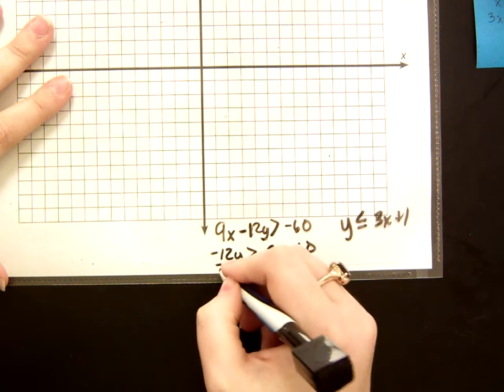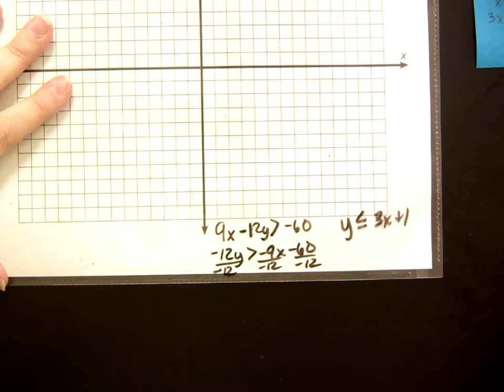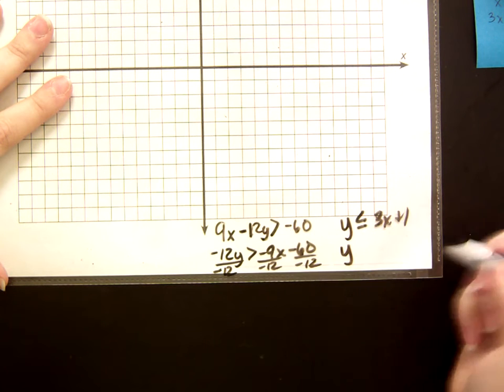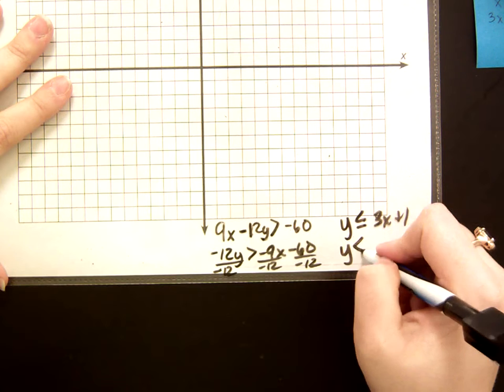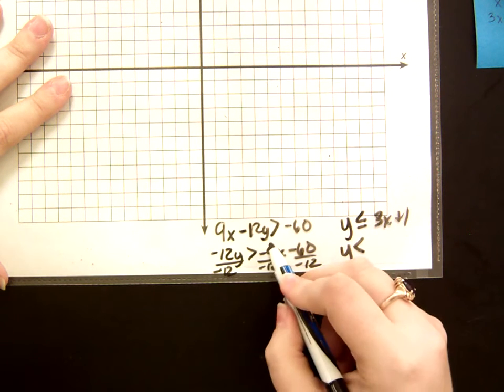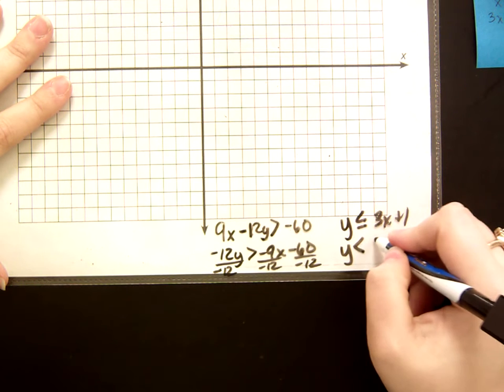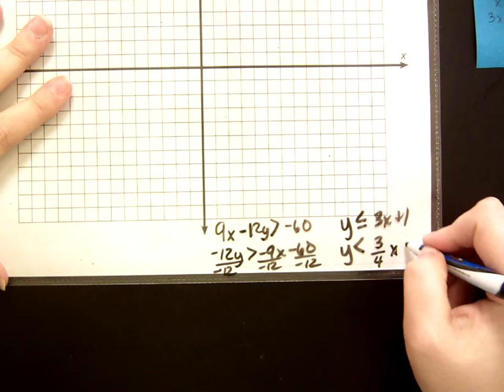But then I have to divide by negative 12. Whenever you multiply or divide by a negative number, you have to flip the inequality. So 9/12, that would be 3/4 x plus 5.